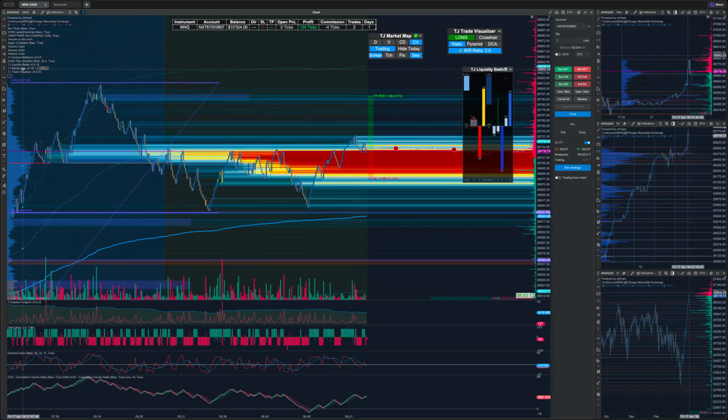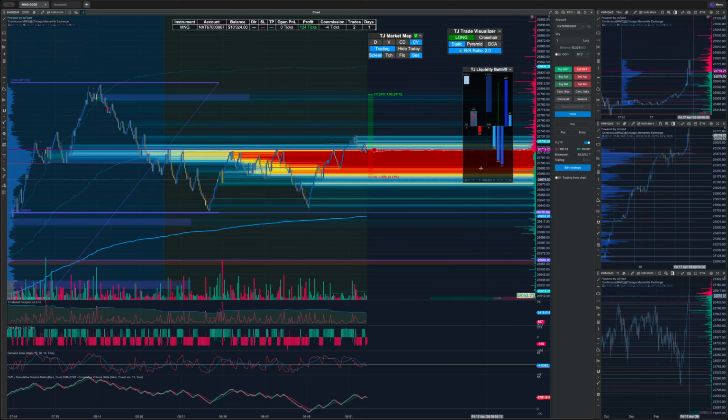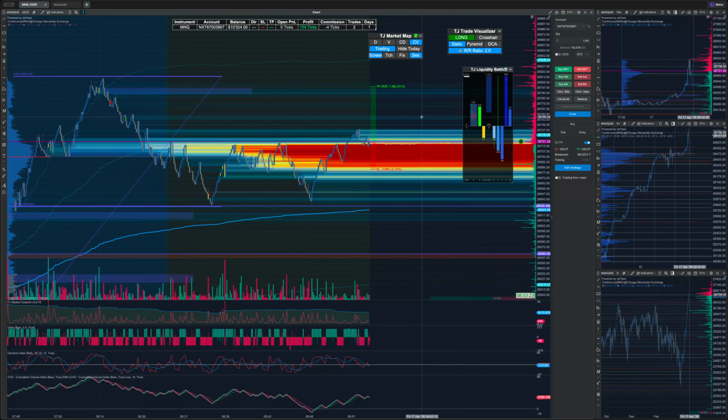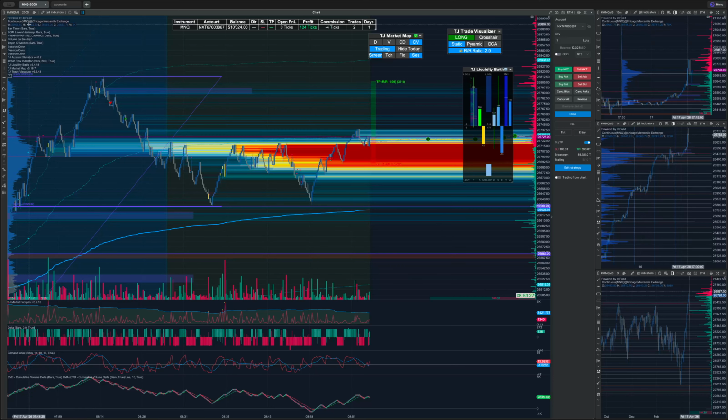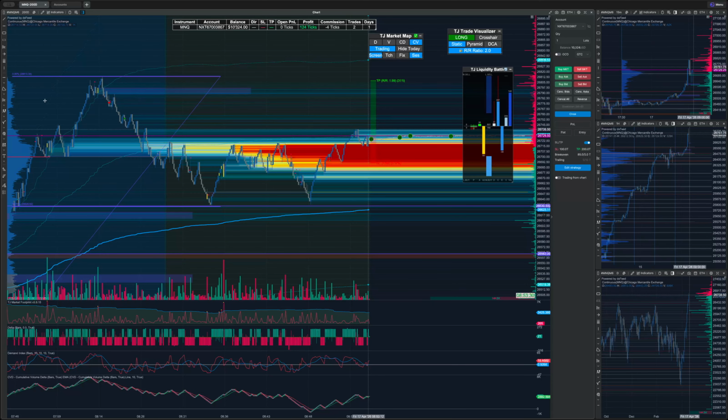Let me change the transparency a little bit here. The opacity is a little bit too high for my taste. So this is now the way out, which I would consider if that goes outside.